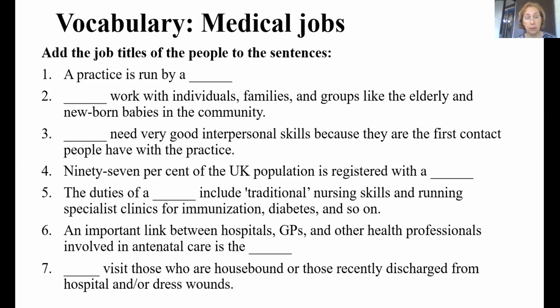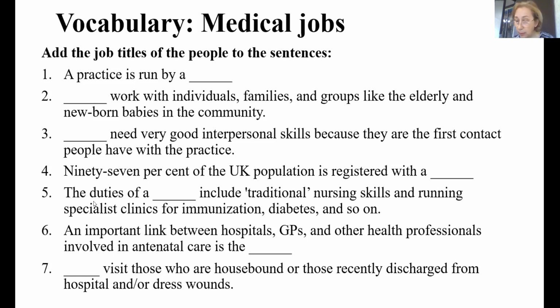So what do we call this kind of job? Well, district nurse. Ramil, number 4. General practitioner. Exactly, they are registered with the general practitioner. This is like a therapist, for example, in our country.